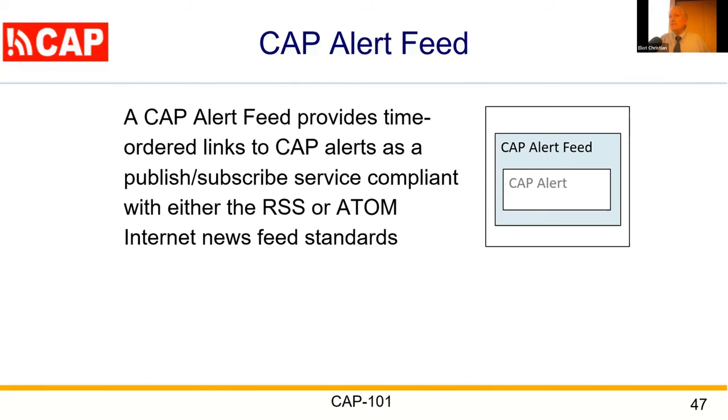It is a publish-subscribe service, must be, because during emergencies, communications can be interrupted. Only publish-subscribe assures that you never miss anything. You can't use client-server or other mechanisms because there's a risk that you could miss some of the messages. We use RSS and Atom. Those are two of the three available common publish-subscribe services.